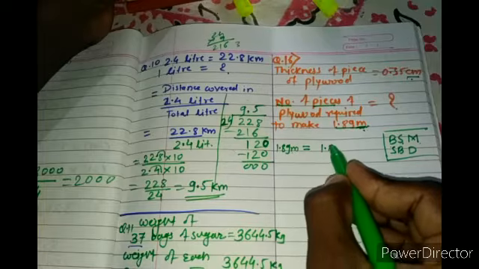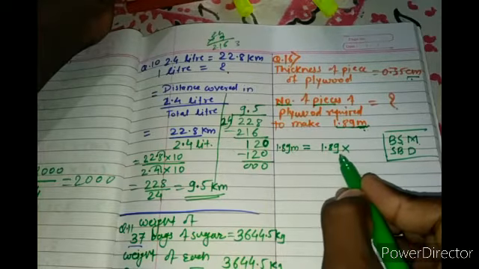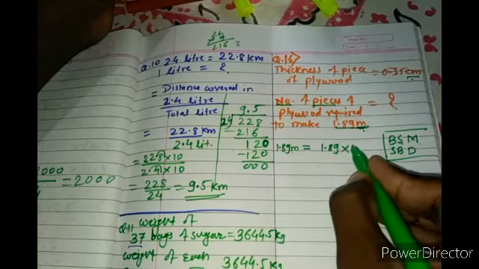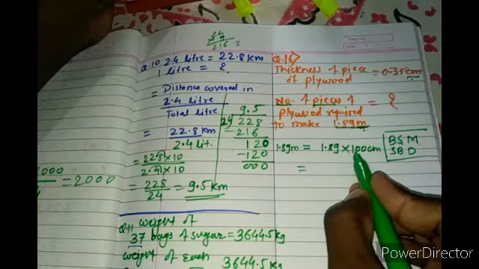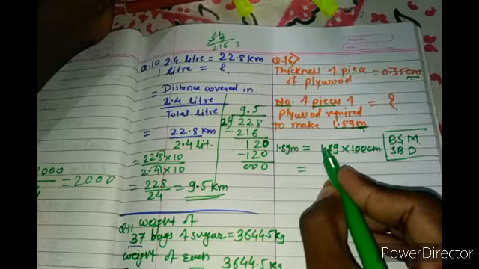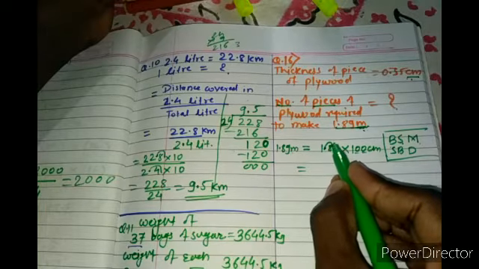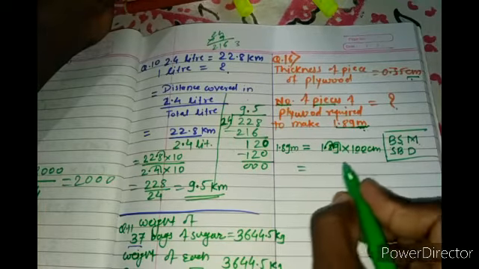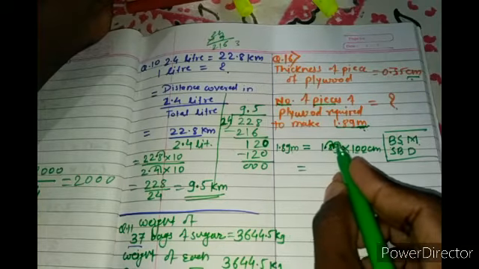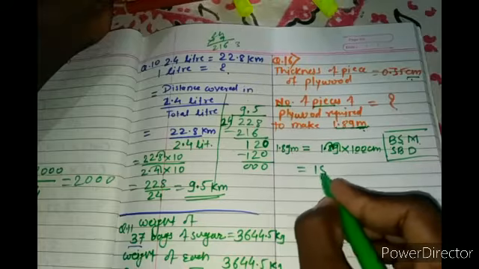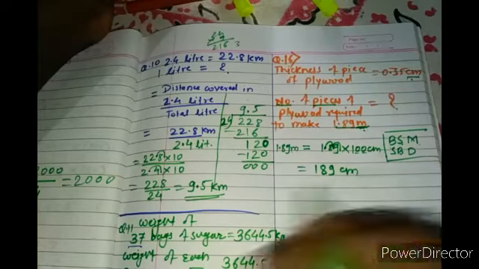So 1.89 multiplied by how many centimeters? 100. So what is the effect of two zeros? The decimal point will go right side. You know very well, when we multiply a decimal number by a multiple of 10, the decimal point shifts towards the right. So it would be 189 centimeter.